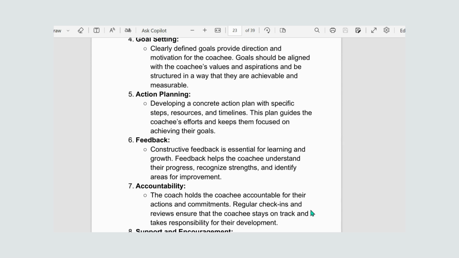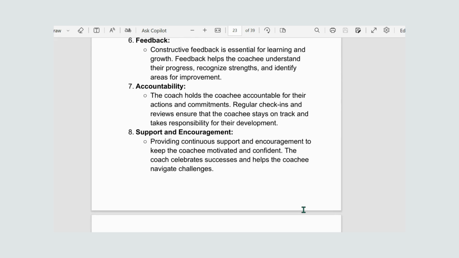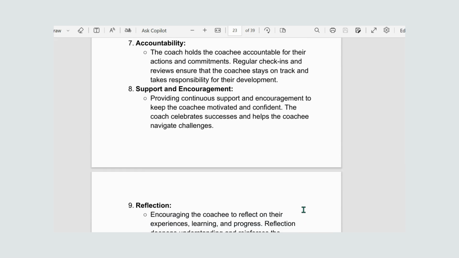Feedback is essential for learning and growth. Feedback helps the coachee understand their progress by recognizing their strengths and weaknesses, and then putting in efforts to improve their weak areas. Then comes accountability, support, and encouragement. Accountability is that the coach holds the coachee accountable for their actions and commitments. And support and encouragement is where the coach supports and encourages the coachee by motivating them and giving them confidence.